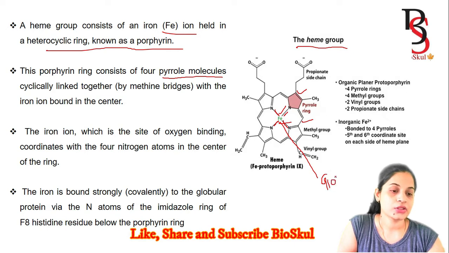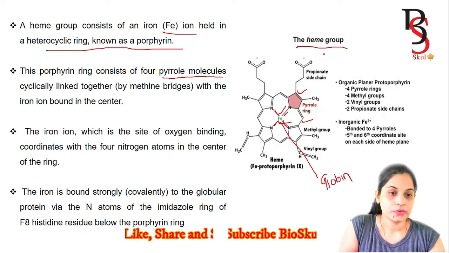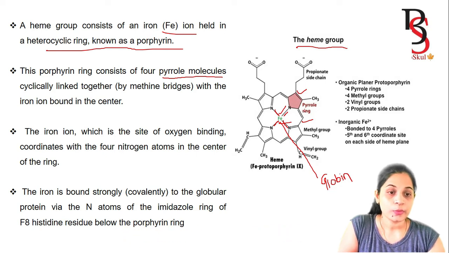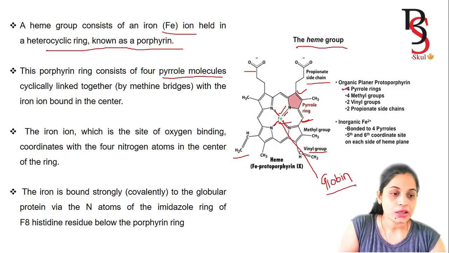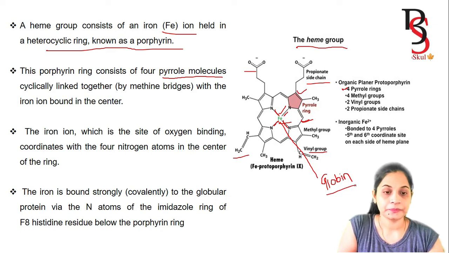So this is the structure of the heme molecule. The heme group consists of 4 pyrrole rings joined together by methyl bridges, and it has 2 vinyl groups and 2 propionate side chains, and the iron atom is attached to the protein known as the globin.